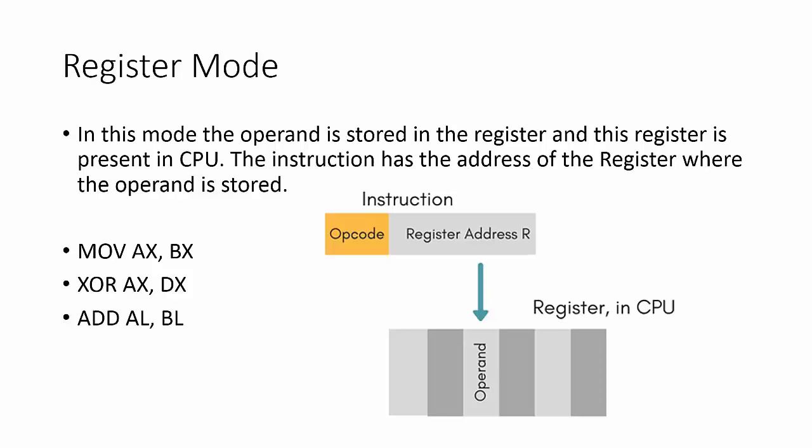So we can access registers by their bytes, the lower byte and the higher byte. In this example, ADD AL, BL, it means whatever is contained in the base register's lower byte will be added to the AL, and the result will be stored in the AL register.